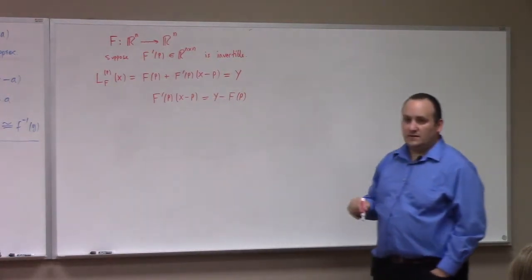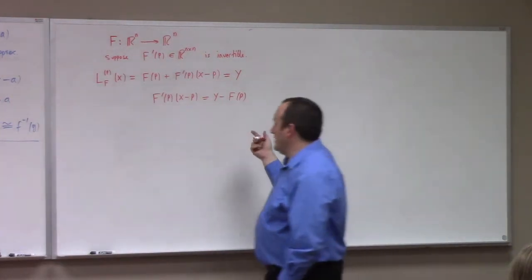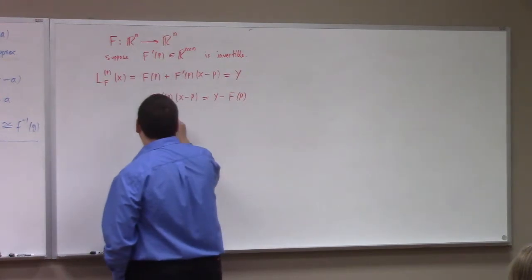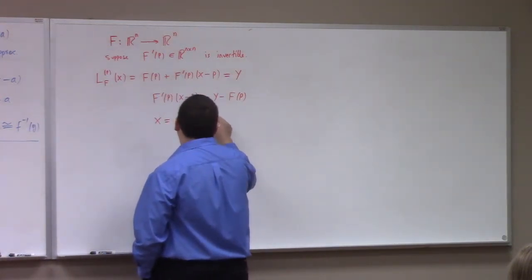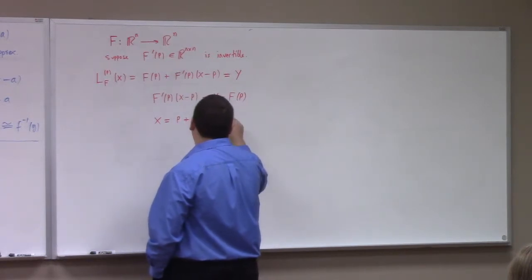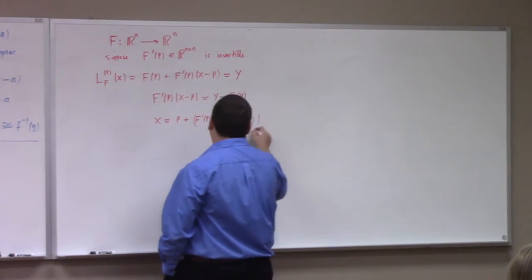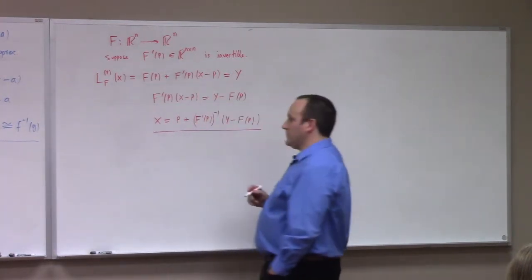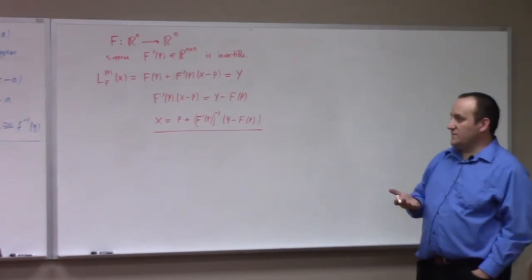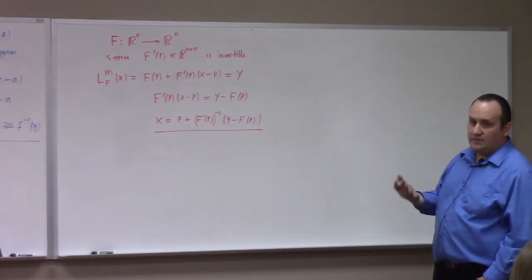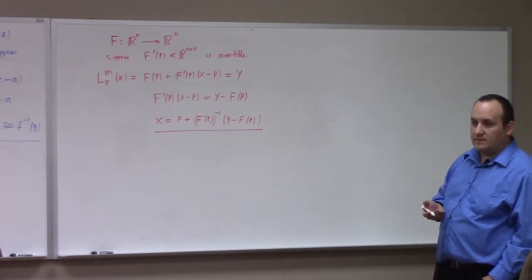If the matrix is invertible, I can multiply by the inverse matrix on both sides, and we get x is equal to p plus f prime of p inverse, as in matrix inverse, times y minus f of p. This is the first step in an iterative procedure to finding the inverse mapping.